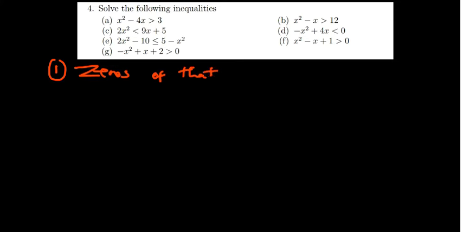These are the points where you consider it to be an equation instead of an inequality. You ignore the fact that it's an inequality, solve it as an equation and then find those zero points. So let's say you have a certain quadratic function and you find these zero points. Let's say -2 and +1.